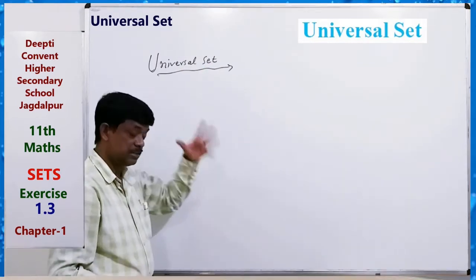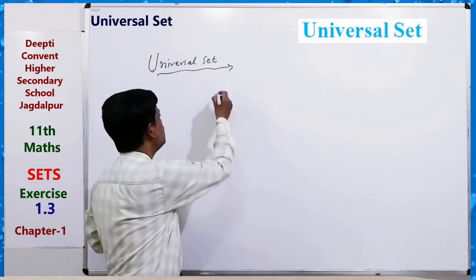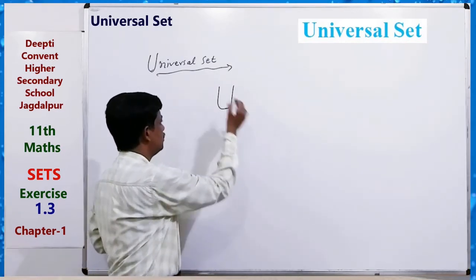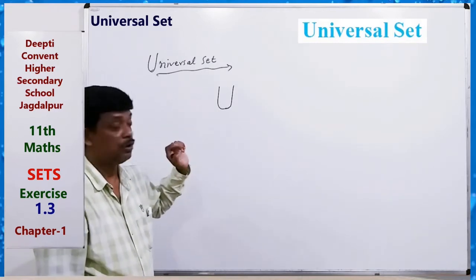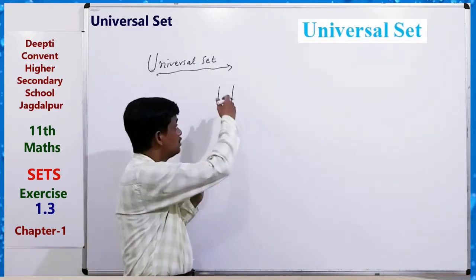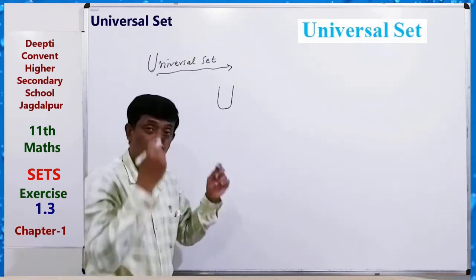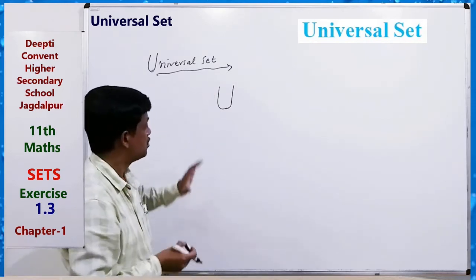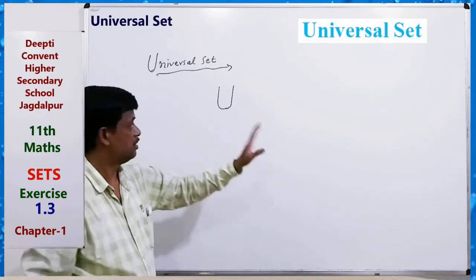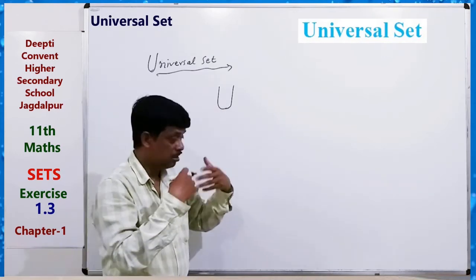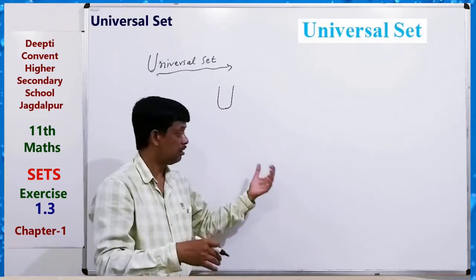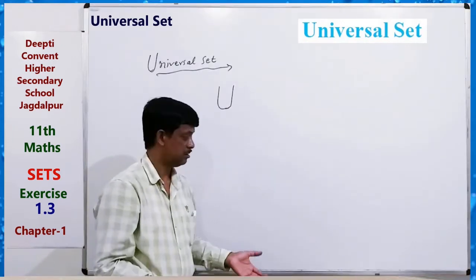That is called the universal set and is represented by U. U contains all the sets and subsets which are under our consideration.